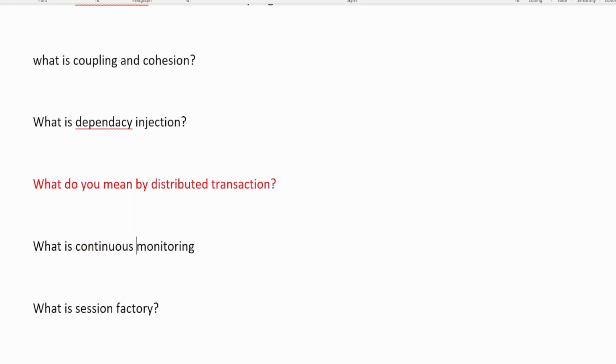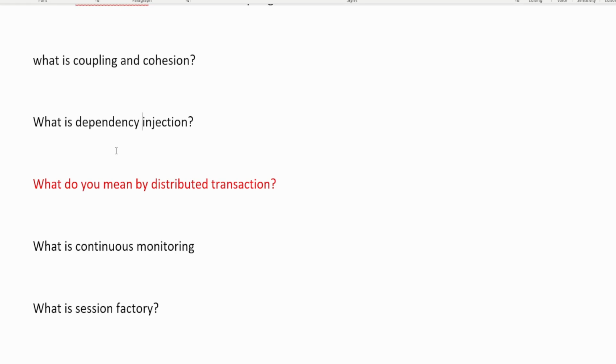In microservices, chances are you have to handle distributed transactions, because one microservice is updating something, at the same time another microservice is updating something, and from that microservice you are calling some other microservice, and that is also updating the database. So both the calls should be in a transactional manner.